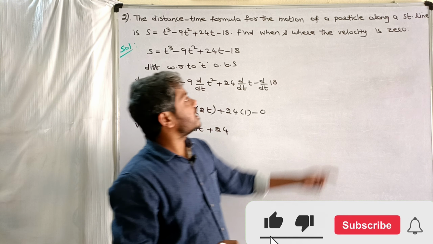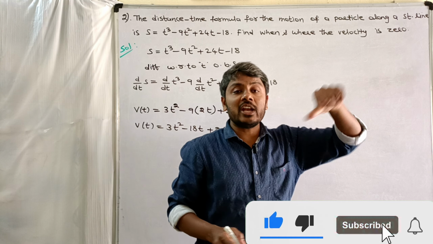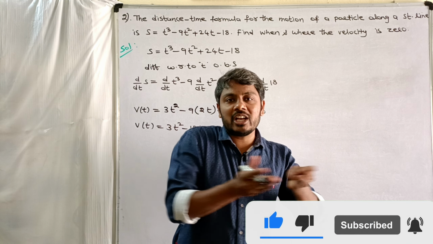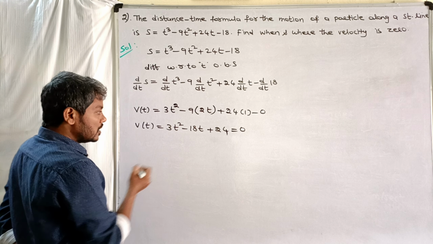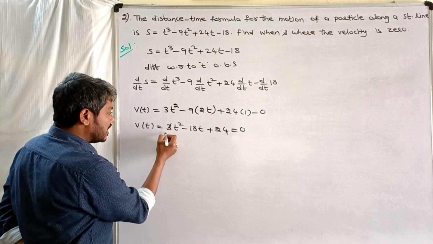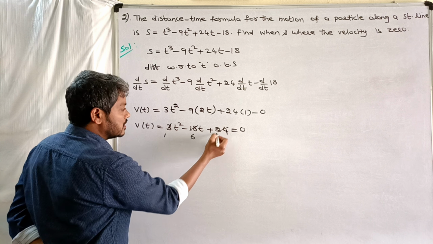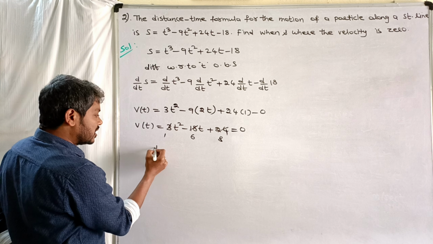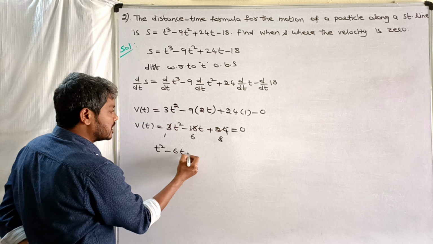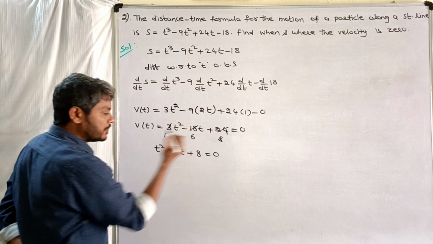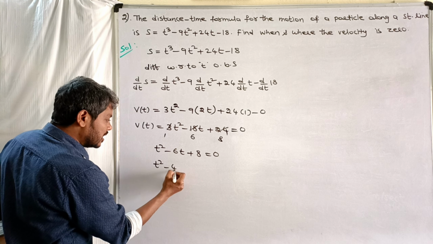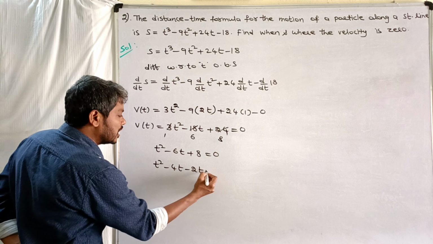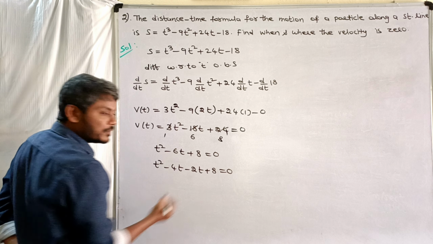Here it is given, when and where the velocity is 0. So equate velocity equals to 0. That is, 3 is common: 3 ones are 3, 3 sixes are 18, 3 eights are 24. So t square minus 6t plus 8 equals 0. Find the factors: t square minus 4t minus 2t plus 8 equals 0.